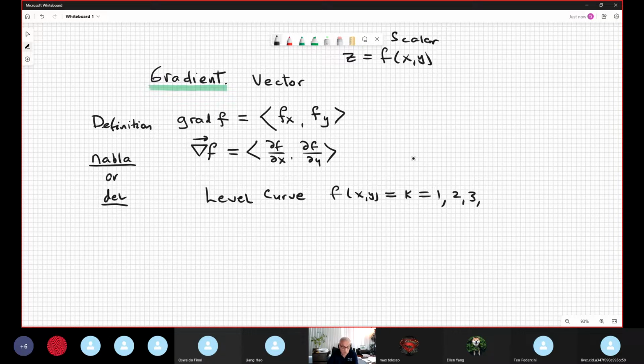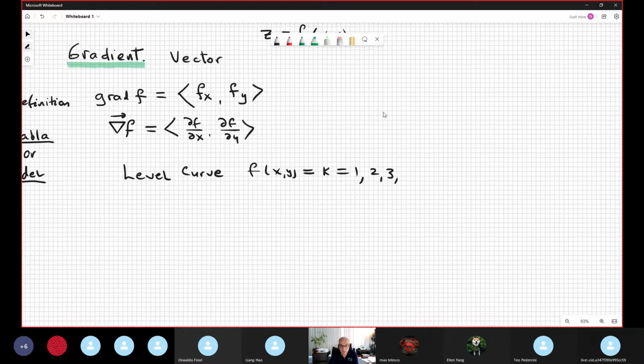And you obtain a family of curves that give me information about the 3-dimensional graph, but converted into a 2-dimensional picture.